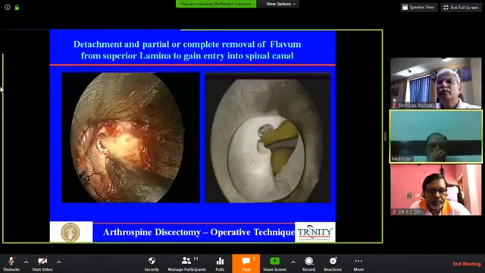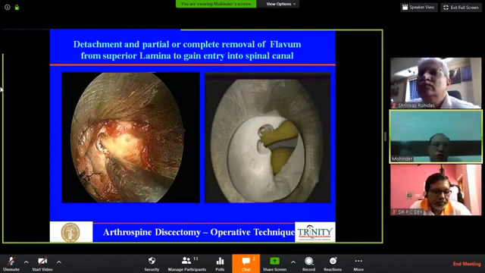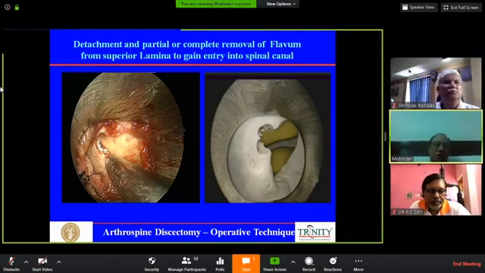And now, as I shared with you, on the left is the present slide, which shows the endoscopic view over the patient, and on the right is a slide on a bone model. You can see you only proceed with the bone work or endoscopic laminotomy, before you take the bites of the superior lamina, once you have a proper endoscopic view of the field where you have to perform the surgery.